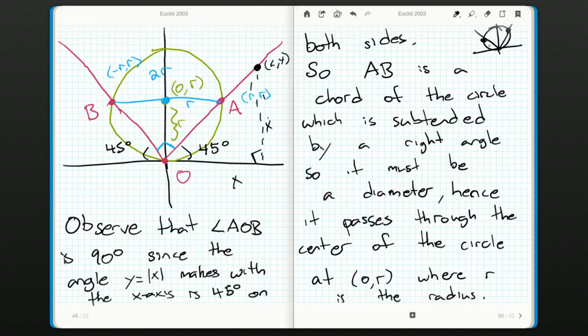Well, what can... Either this is really obvious, or I do need a justification here. I want to show that this is a right angle, because that would do it.